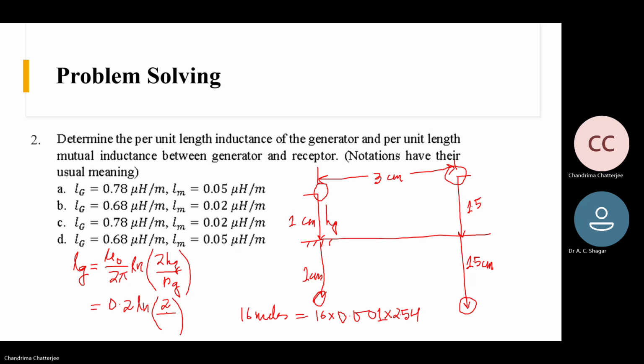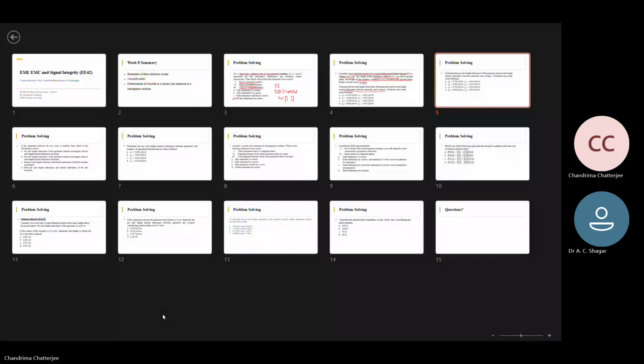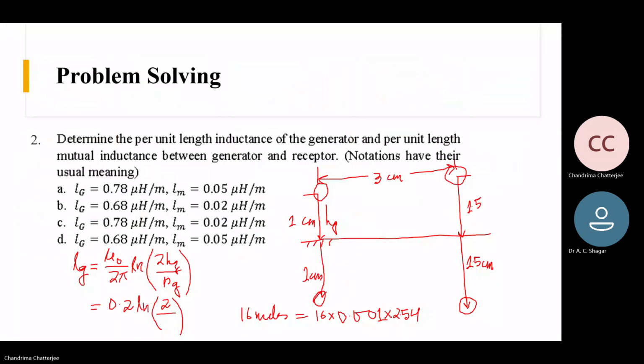Okay. So this value is 0.04064 centimeter.